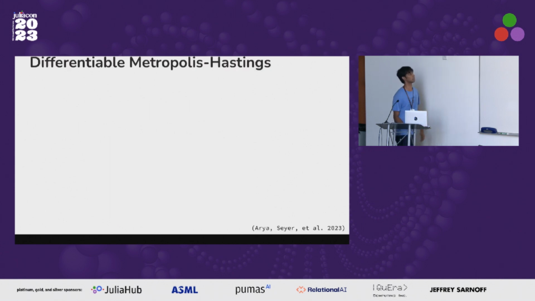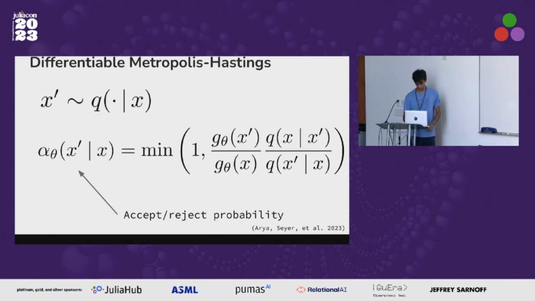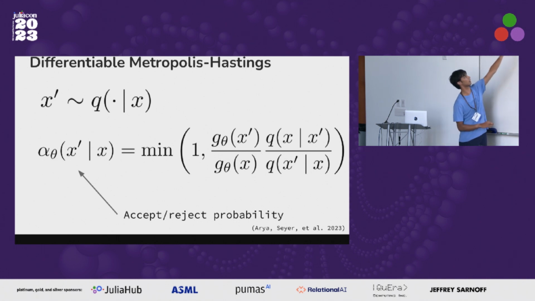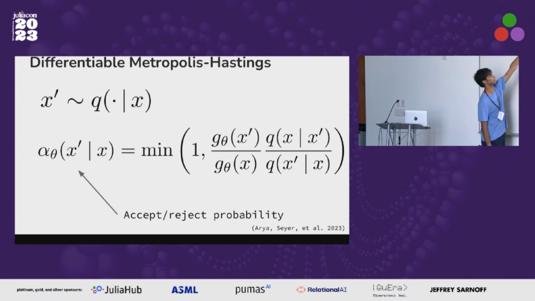Okay, so now the last thing I wanted to talk about was this application to differentiable Metropolis Hastings. So Metropolis Hastings works like this. You are at a current sample x, and you propose a new sample x prime, and then you accept it with some acceptance probability.